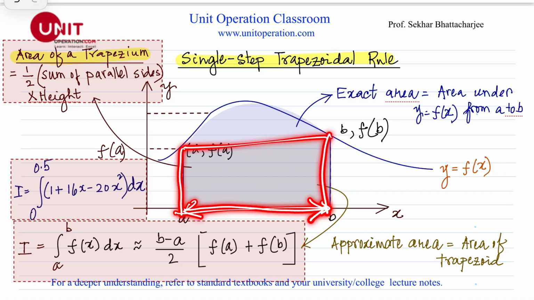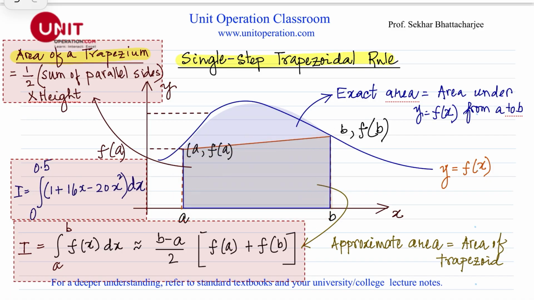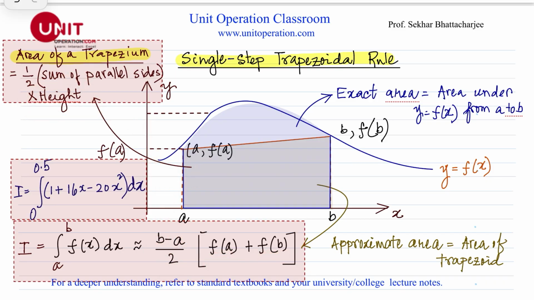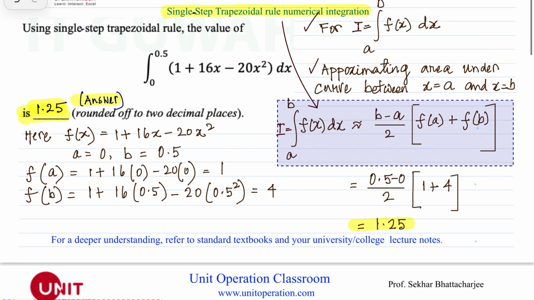So the area is the height divided by 2, times the sum of the parallel sides, FA and FB. That's the equation we have used here, and we got a value of 1.25.